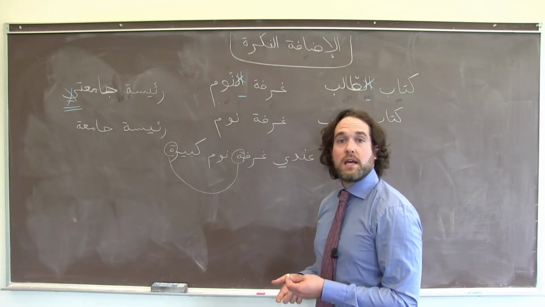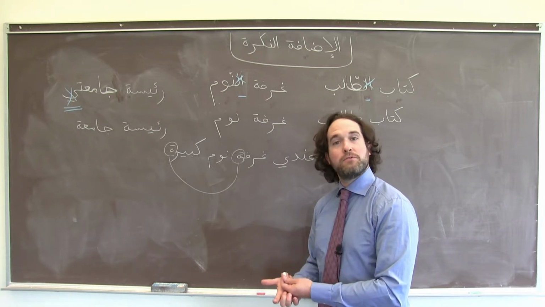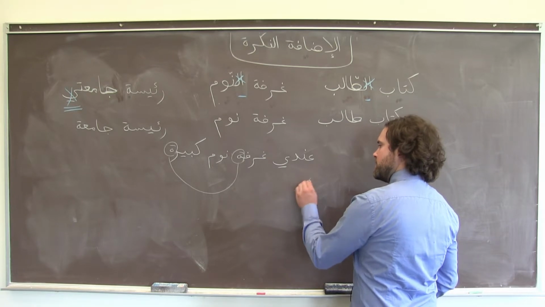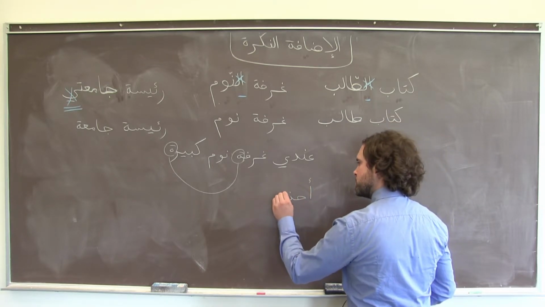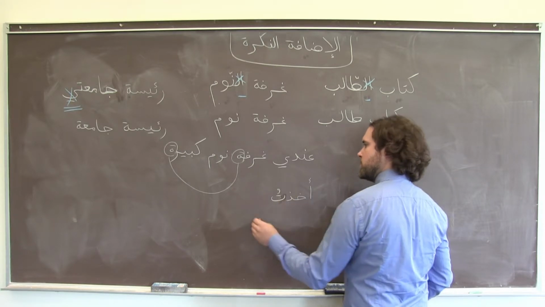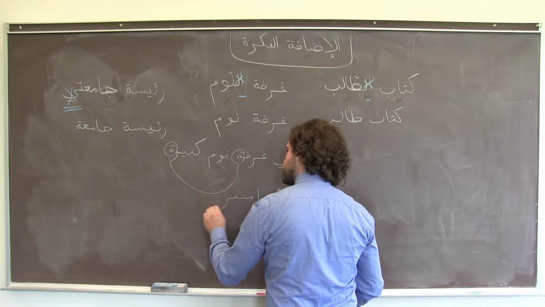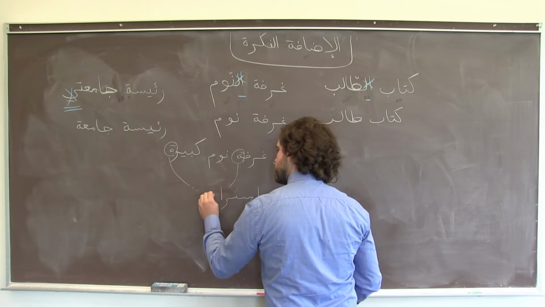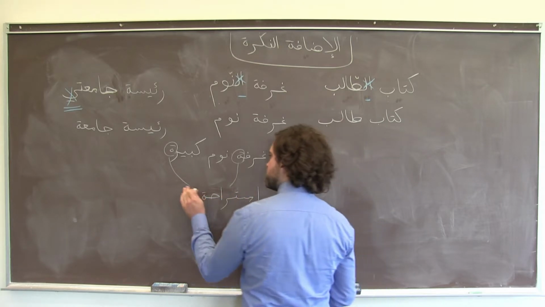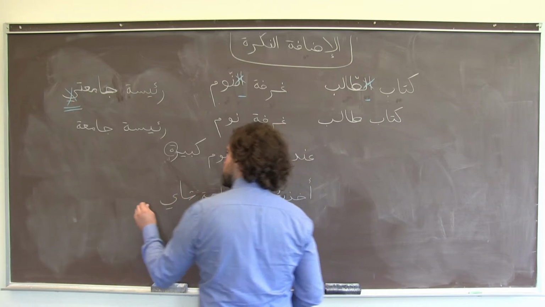Or if I wanted to say I took a short tea break, something that will happen if you travel to the Arab world, I assure you. You could say أخذت استراحة شاي قصيرة.